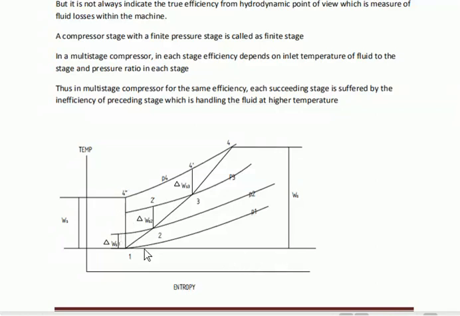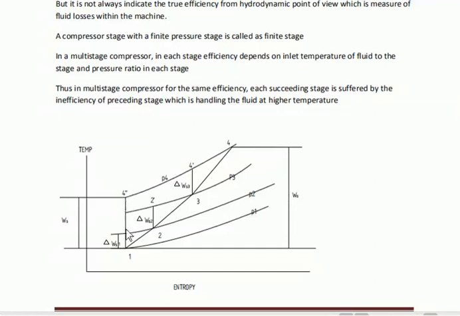Similarly, 1 to 4 shows the overall actual work done of the compressor, indicated by WA.